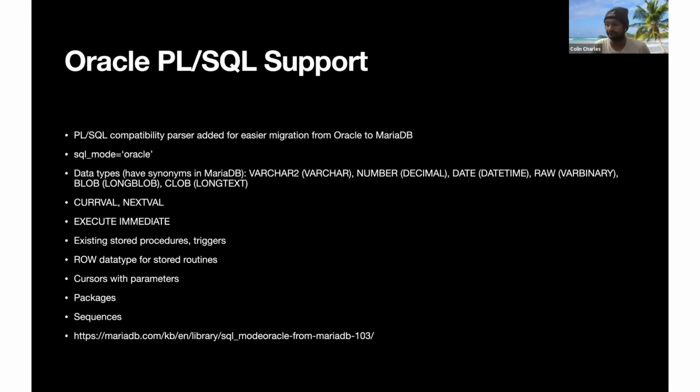You have the ability to do things like currval, nextval. So if you're looking at the sequences, this is not to replace auto increment, where you can create an auto number field. A sequence is an object in Oracle that is used to generate a number sequence, and it can be useful when you need to create a unique number to act as a primary key.